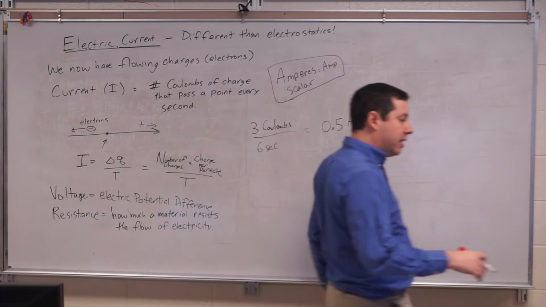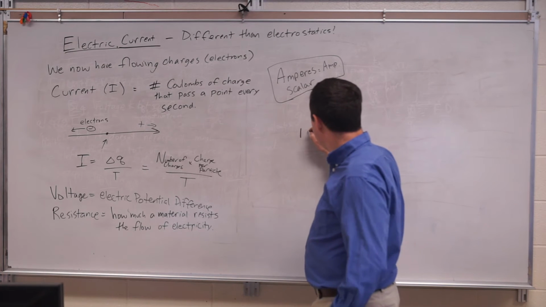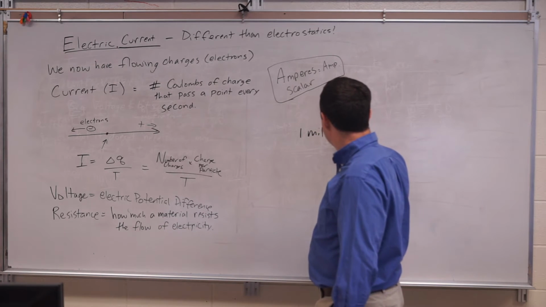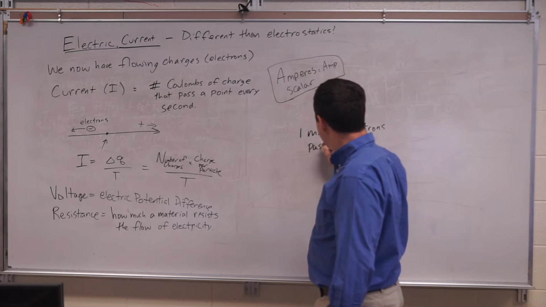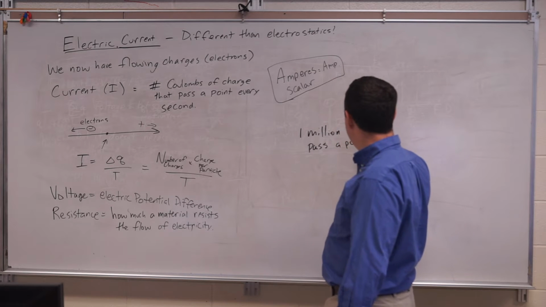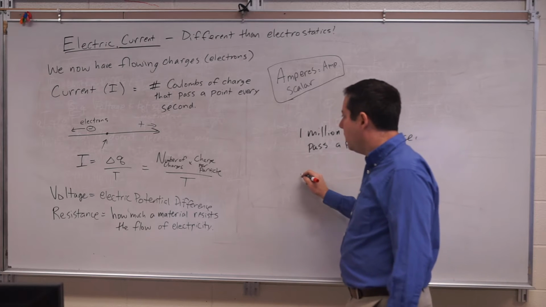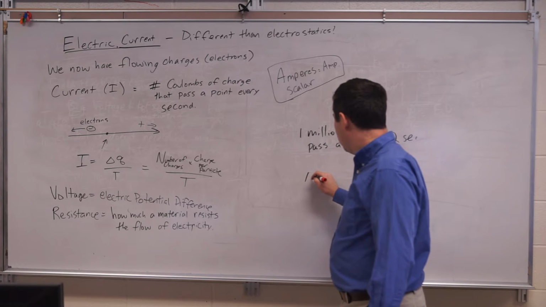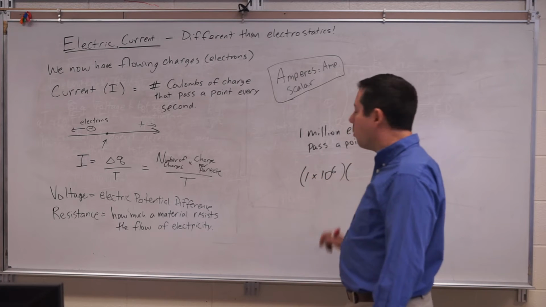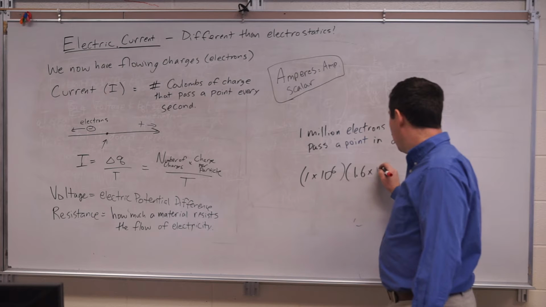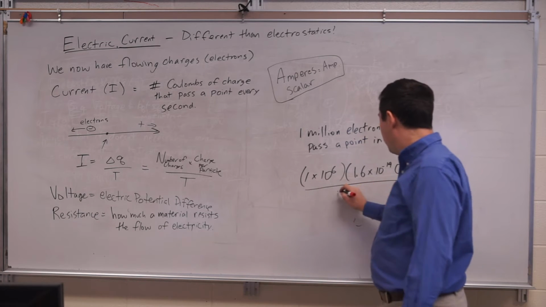So let's say that we had, I don't know, 1 million electrons pass a point in, well, we'll say 2 seconds, why not? 1 million would be 1 times 10 to the 6th. That's your number. The charge of an electron is 1.6 times 10 to the negative 19th coulombs. The amount of time we said is 2 seconds.